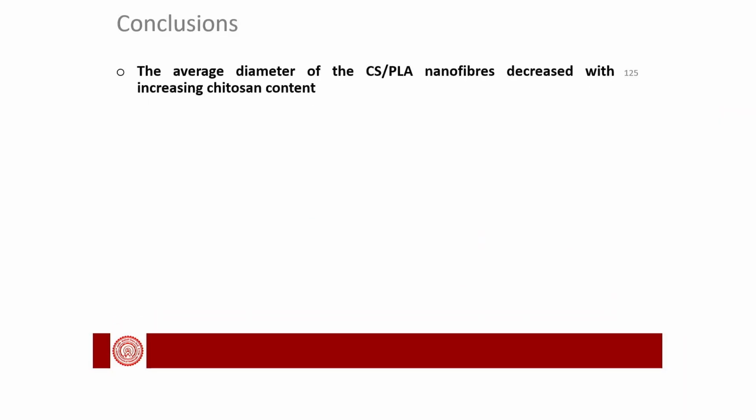This study shows that the average diameter of chitosan PLA nanofiber decreases with increasing chitosan content. The lowest we could get was with PLA and chitosan at 30:70, so by increasing the chitosan content up to 70%.